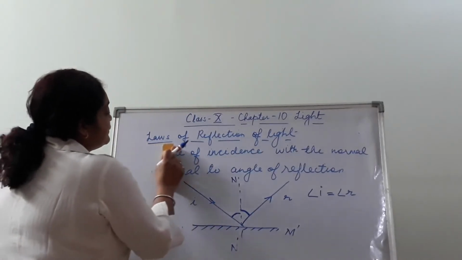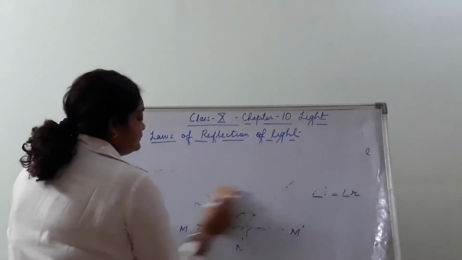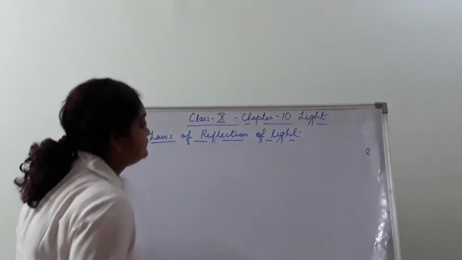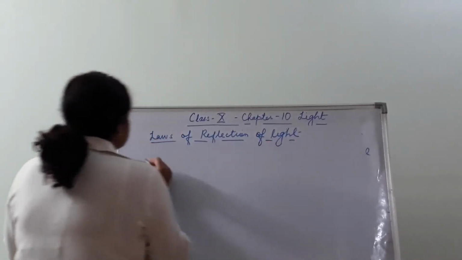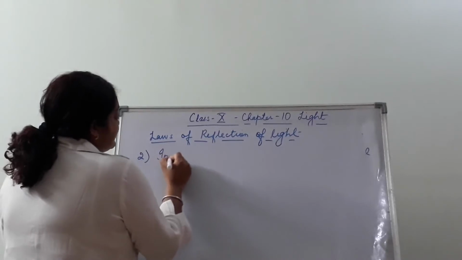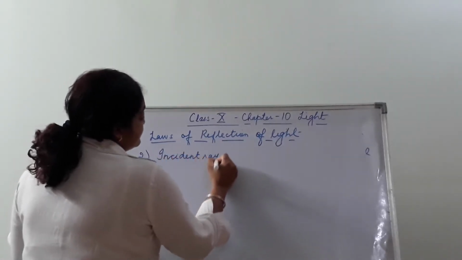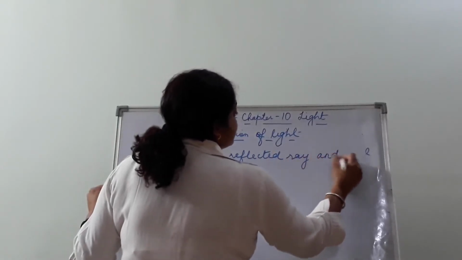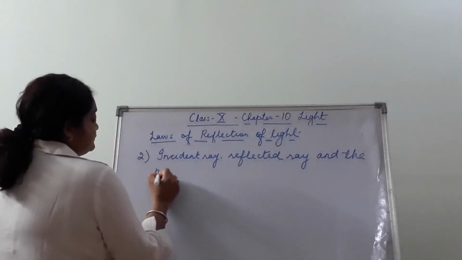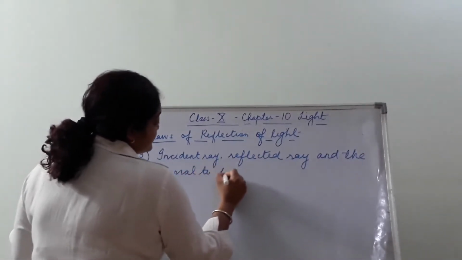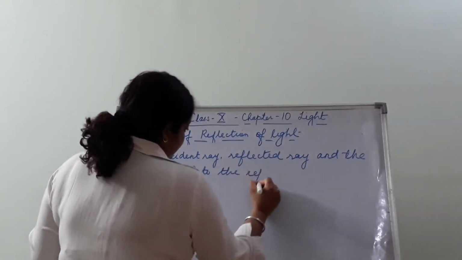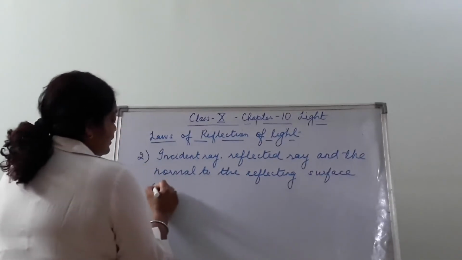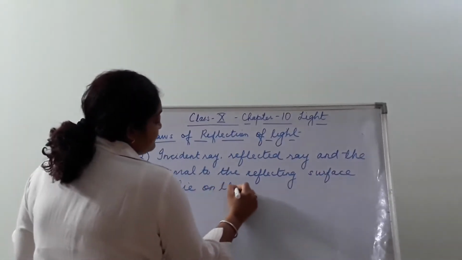The second law can be written as: incident ray, reflected ray and the normal to the reflecting surface all lie on the same plane.